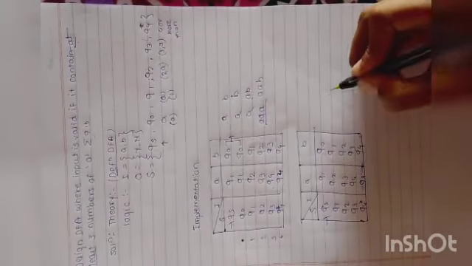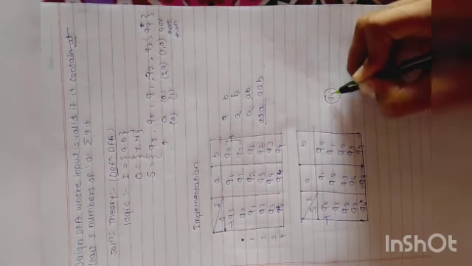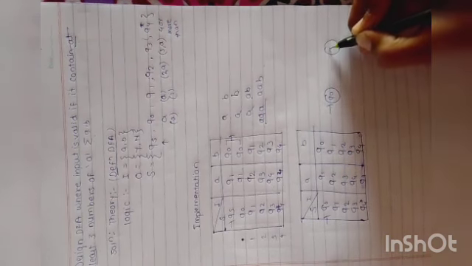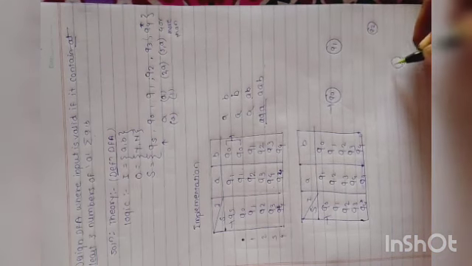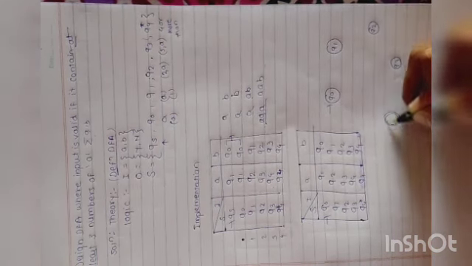Now draw the transition diagram for this table. Q0, Q1, Q2, Q3 and Q4. Q4 is the final state.